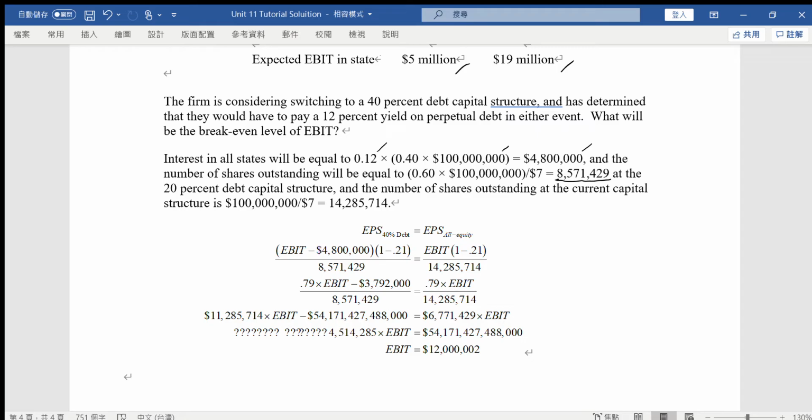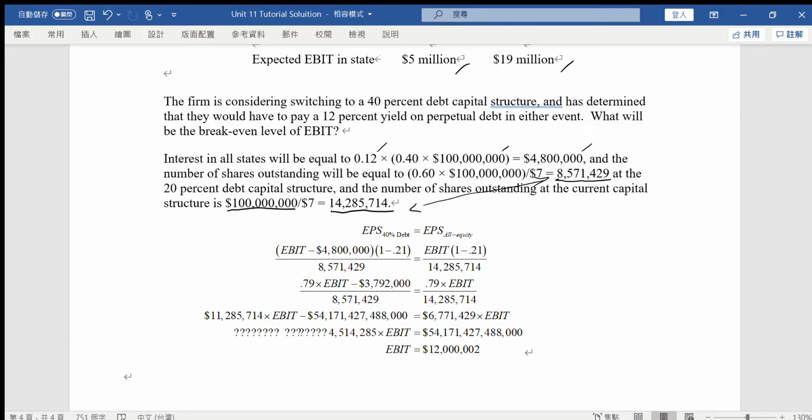But originally, what is the original amount? You will find that it is completely financed by equities, and we divide by 7. That means the original number of shares is 14,285,714. Okay, these two figures are important.